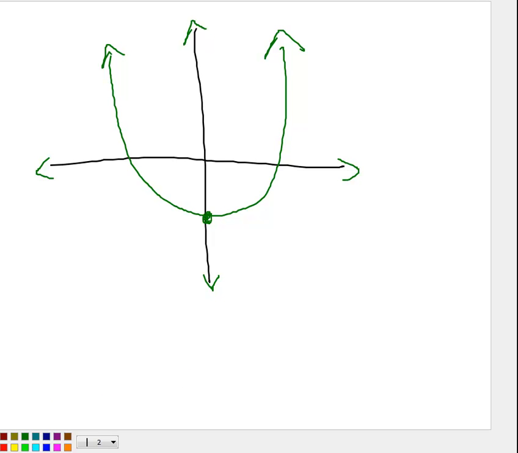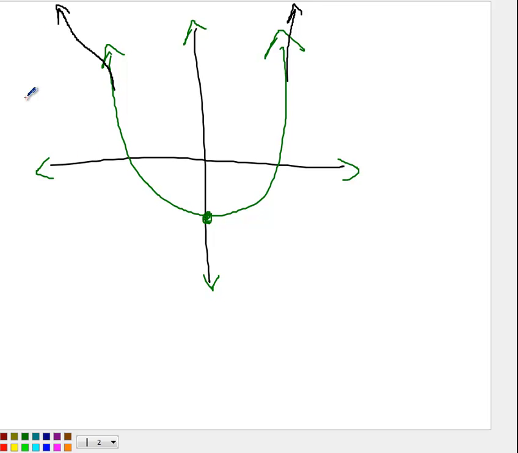as you can see, this graph is going to keep going and going and going. You can't see it visually, but that's why you have the arrows. So the arrows are going to keep going out, out, out.